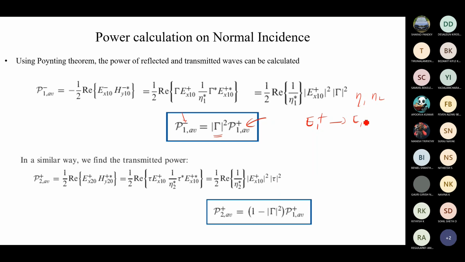For this we need gamma, and for E2 plus we need tau. That can also be calculated from E1 and E2, and we take the square divided by eta 1. You will get the power terms, and you can calculate P2 plus and P1 minus. The reflected power, the transmitted power, for the incident power, everything can be calculated. So you can get it like this.